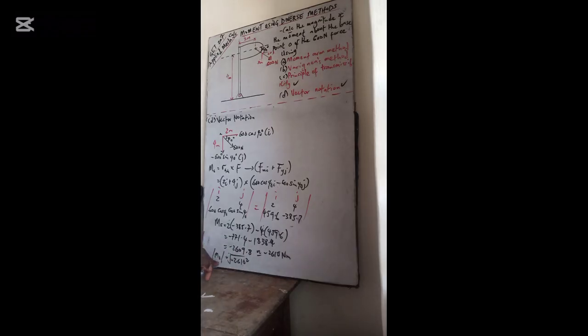That's the formula when you want to calculate magnitude. It will be the square root of the answer raised to power 2. So when you have done this two times, you know that square root will cancel square, and it will also affect the minus. So it is going to be 2610 Newton meters. So that is our final answer.